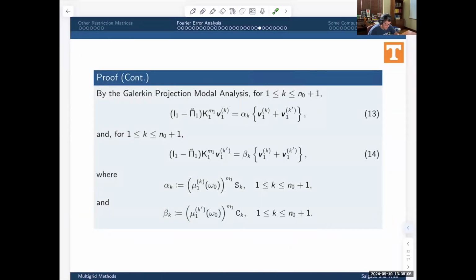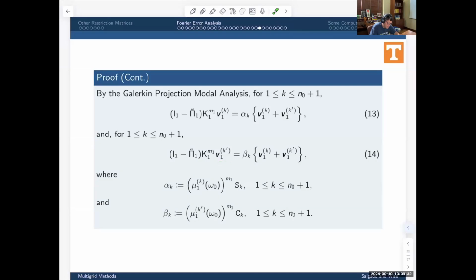So by our modal analysis earlier, we have two separate results: what each operator does to a mode, for low frequency modes versus high frequency modes.